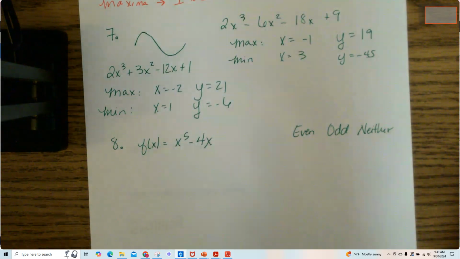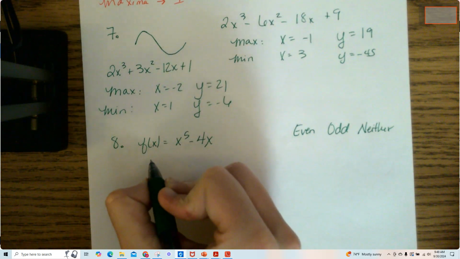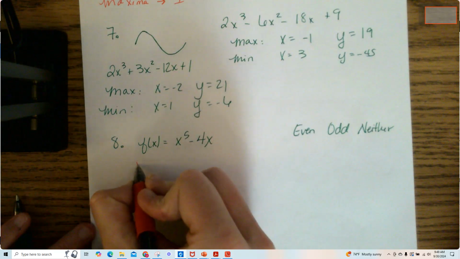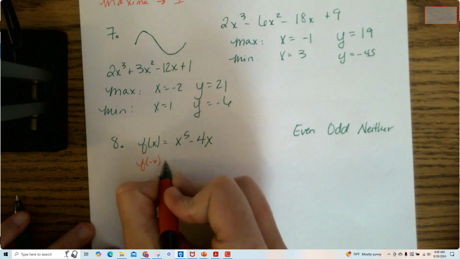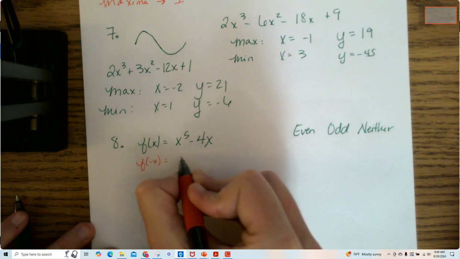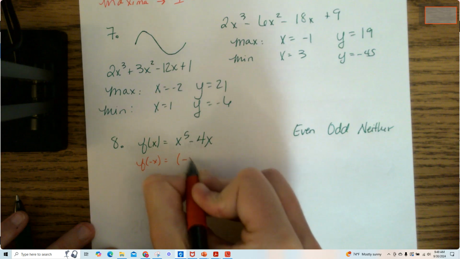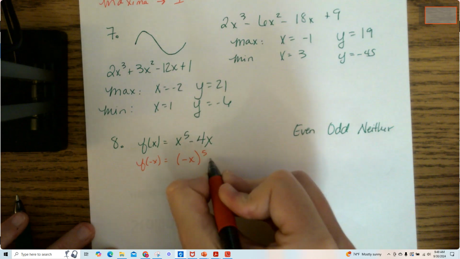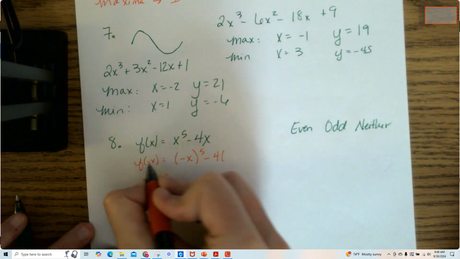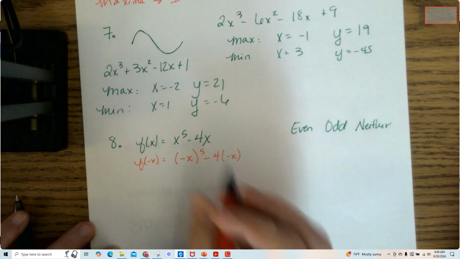Okay, so if it's even, I should be able to do f of -x. So I change x to -x: -x to the 5th minus 4 times -x.